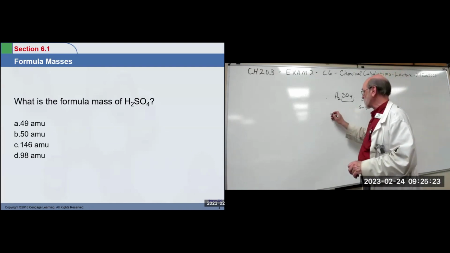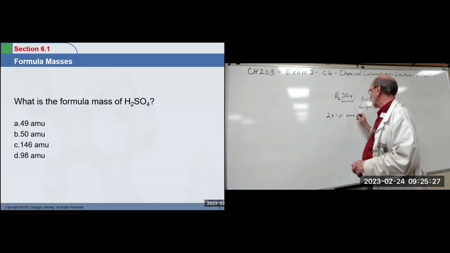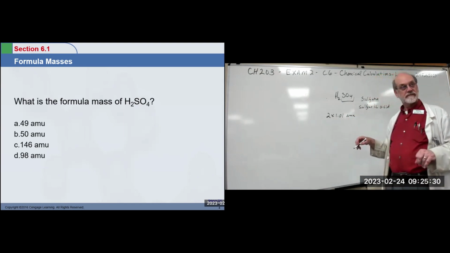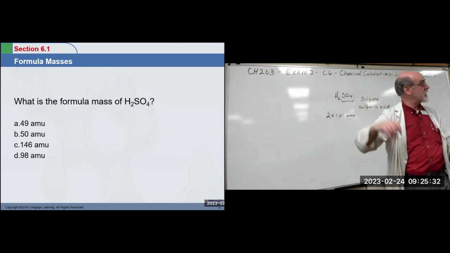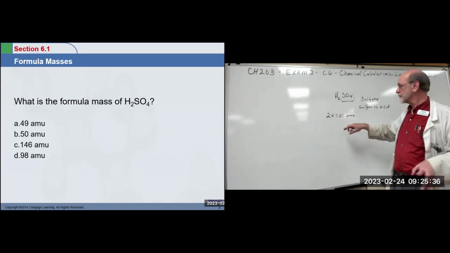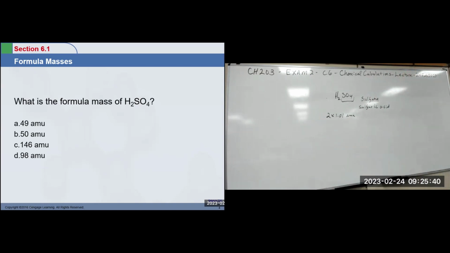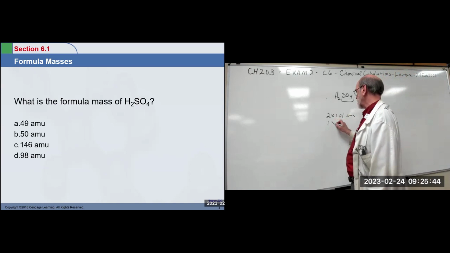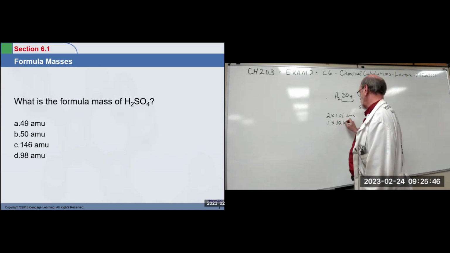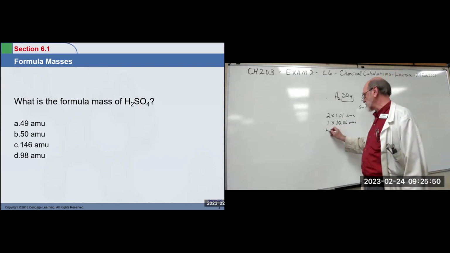So two hydrogens would be 2 times 1.01 atomic mass units. Okay, just look at them on the table. I always round to 2 decimal places. Sulfur is, let me see if I can remember that one, 32.06. We've only got one sulfur. And we got 4 oxygens.